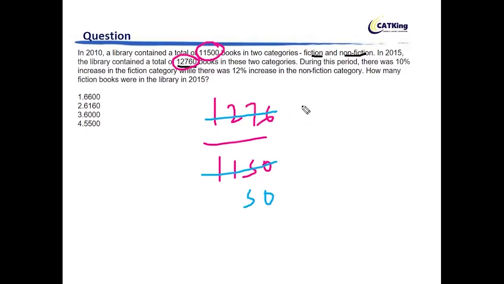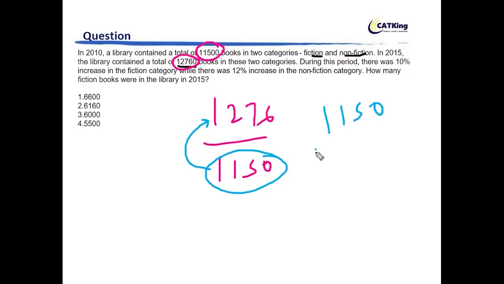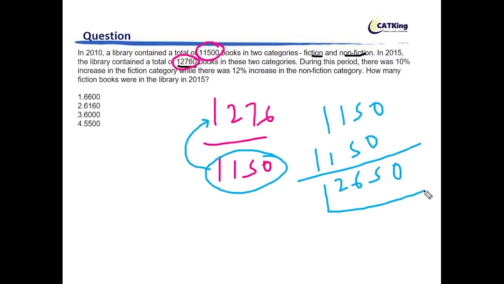So if I take 1150 and again 1150 here, this becomes 12,650, right? This is when there is a 10% increase.